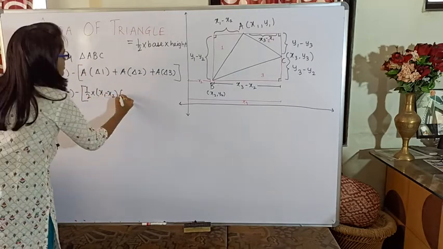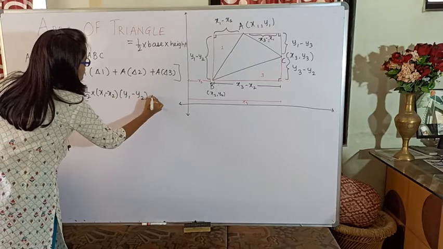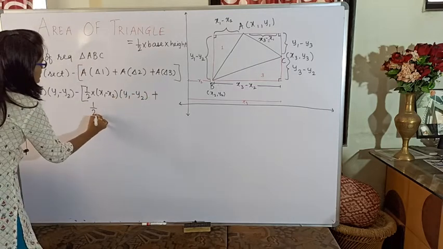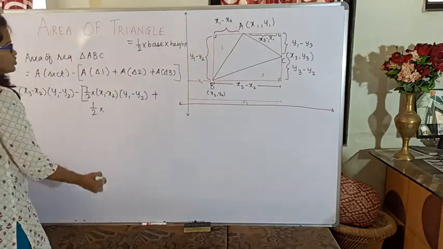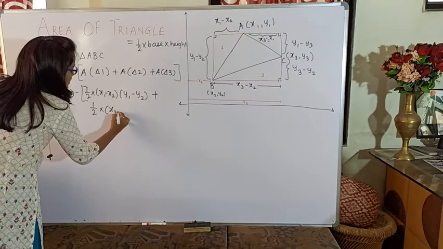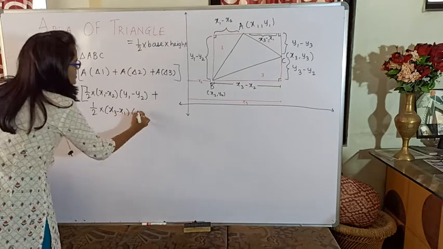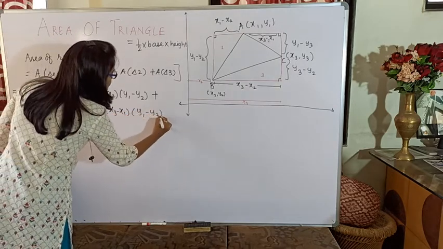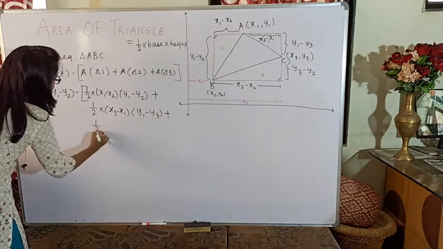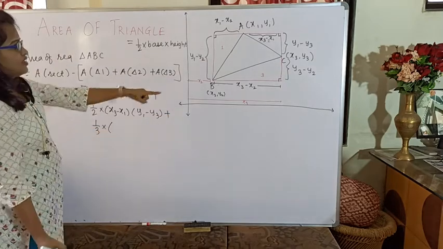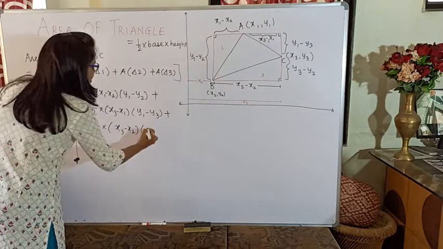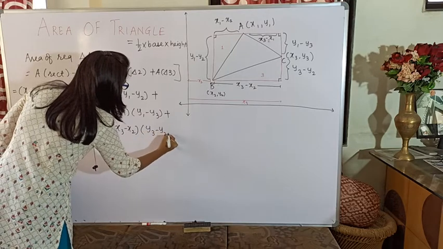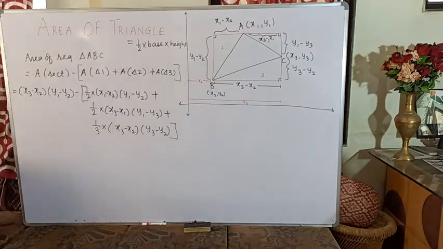What is the height? y1 minus y2, plus second triangle, half into, the second triangle is above there, so the base is x3 minus x1 and height is y1 minus y3, plus third triangle, half into, what is the base? It is x3 minus x2 and what is the height? y3 minus y2. Okay, now we have to just simplify this equation, just go on multiplying.